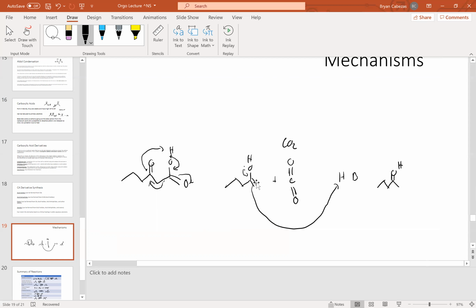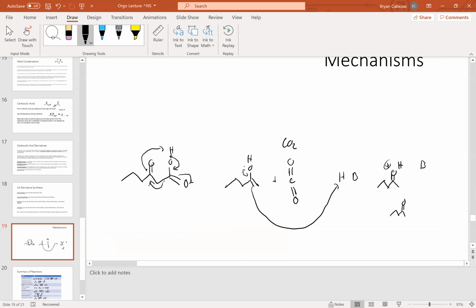Because the double bond took the hydrogen from this base, and now this base is kind of upset because its hydrogen was stolen. So the base is just going to remove that excess hydrogen from the oxygen species.